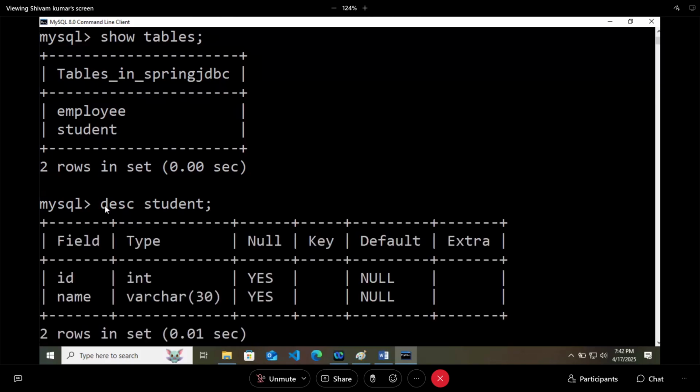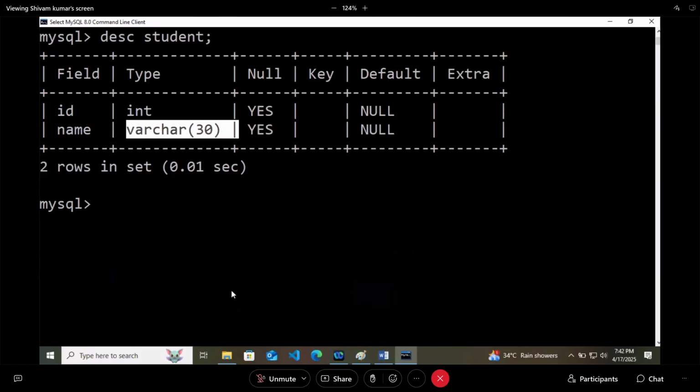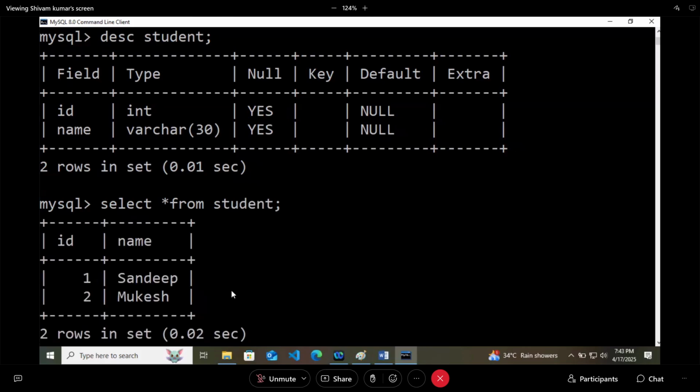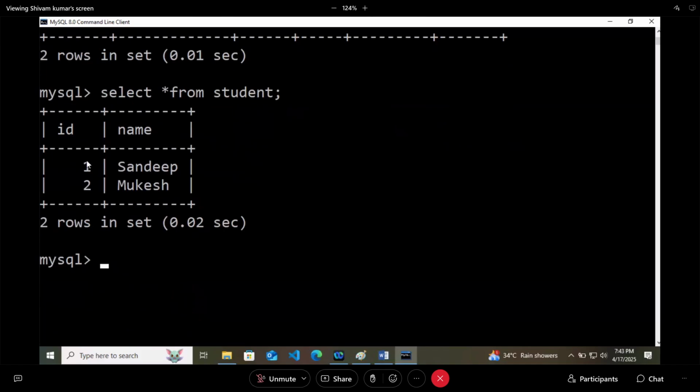So this is the structure of the table that we are having: two fields, one ID in int and one name in varchar. If I want to check what data is written inside this table, select star, it's not a star, it's asterisk. So these are the two records for two students available here.